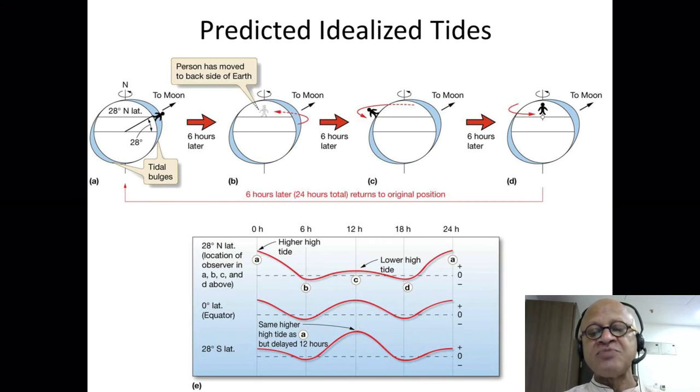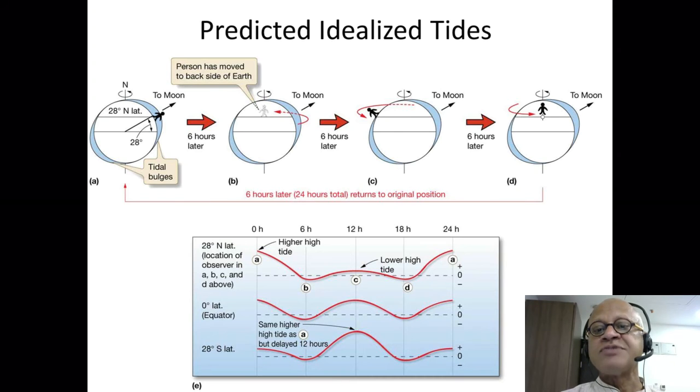On the equator, similarly, you have the high tide that is not as high as where the moon is overhead, and the lower low tide is also actually higher here because, as you can see at point C here, the equator is here.